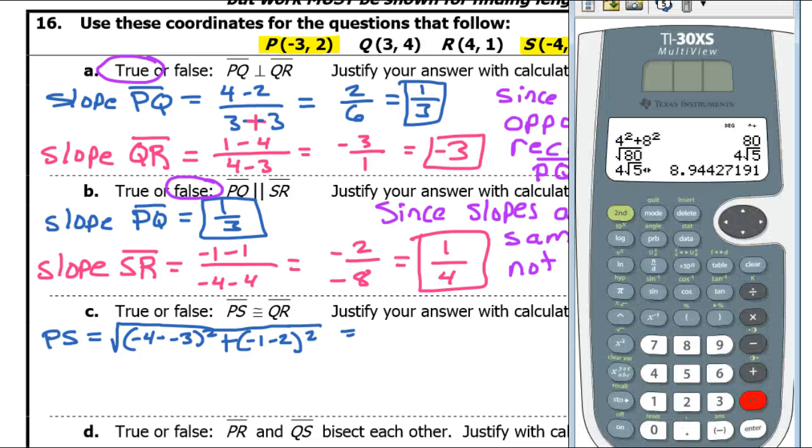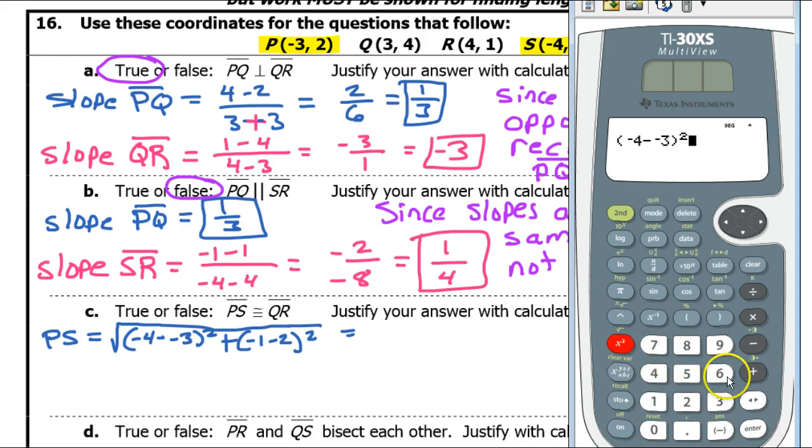Alright, I'm just going to use a calculator to help me out a little bit. So the part underneath the radical, I have negative 4 minus negative 3. I could have put just plus 3 because that's the same thing.